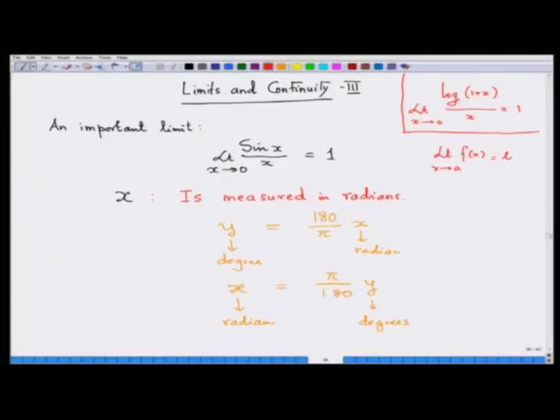It is important to understand that whenever in trigonometry we are talking about sin x, cos x, tan x, whatever, this x is measured in radians. Okay, radian, what do you mean by radian? Radian is the angle.